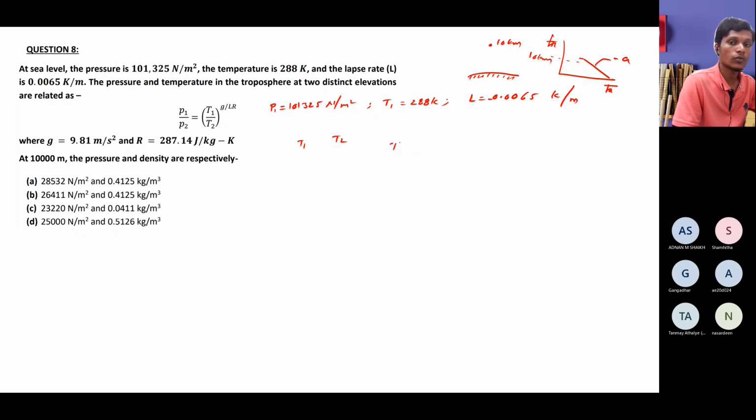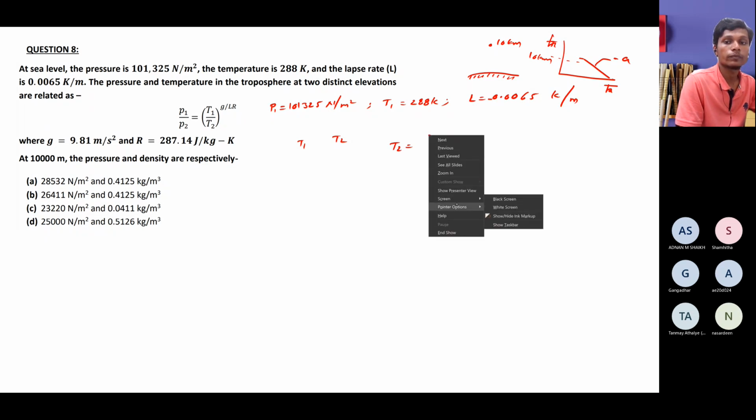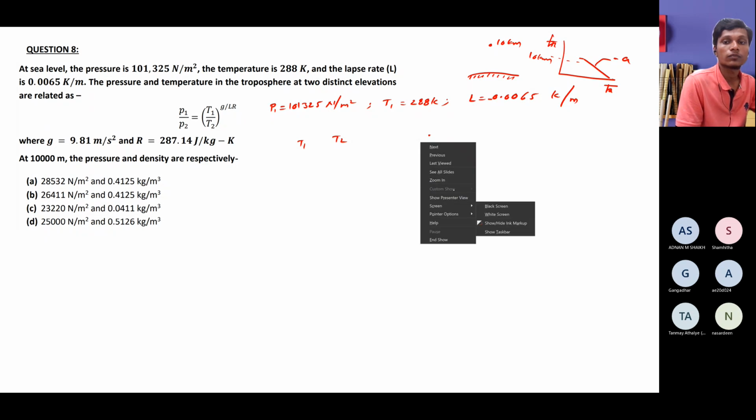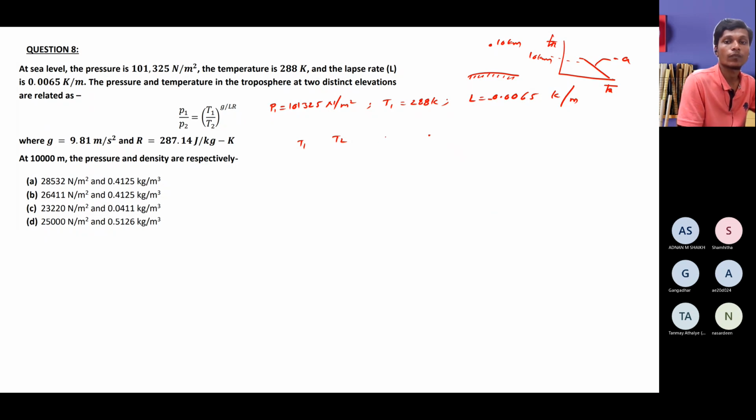I will write the lapse rate equation first: T2 minus T1 by H2 minus H1 equals minus 0.0065.